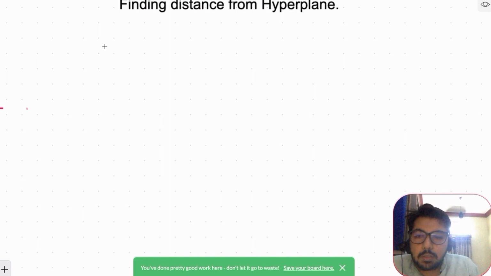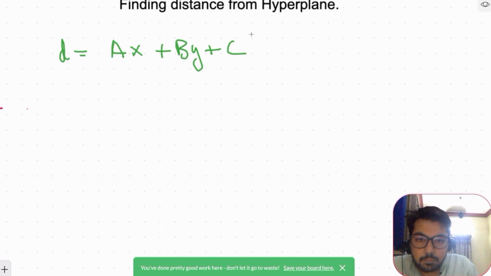So the equation for finding the distance between a point and a line is this.